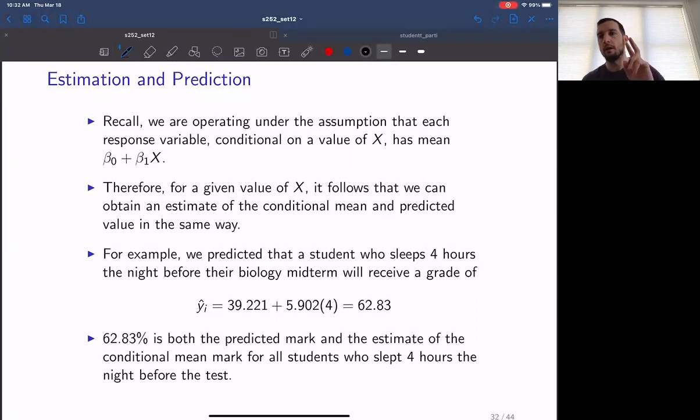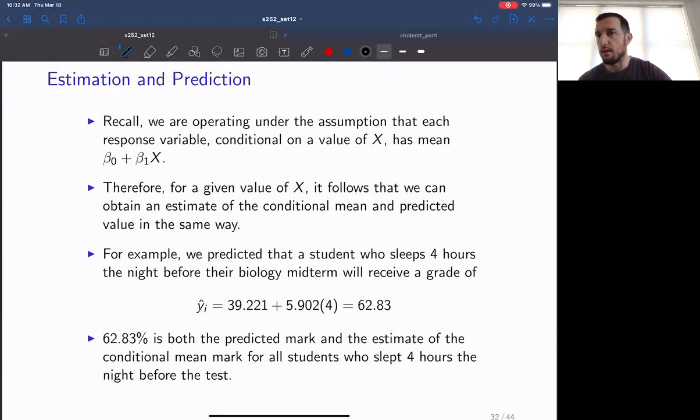Okay, there are two other confidence intervals that I would like to talk about in lecture set 12. They are called the conditional mean interval and the prediction interval.